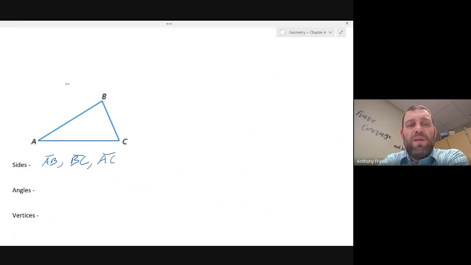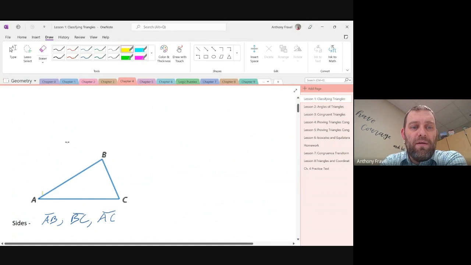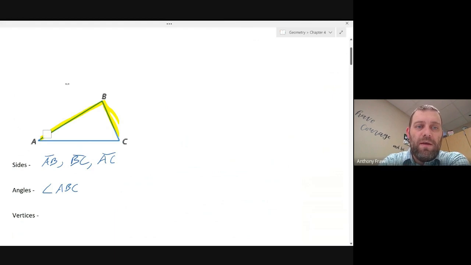So the 3 angles that we have, remember, are identified by the middle letter. So my first angle will be angle ABC. To show you what that is, I'm just going to put a little highlight here. ABC is this angle right there. On to the next part. I'm going to erase that.